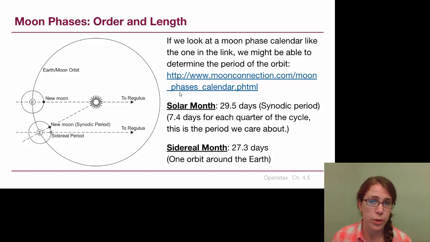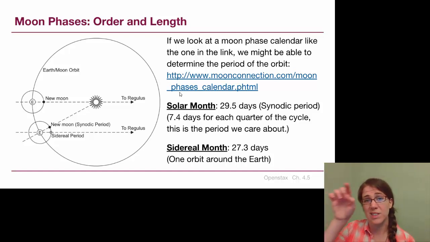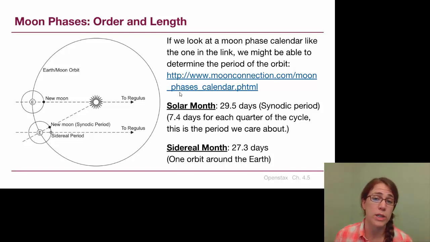It's the same idea with the moon, where if we're talking about how long it takes for the moon to go once in a single circle relative to background stars, that only takes 27 days. But if we're thinking full moon to full moon, which is the kind of time period that makes more sense to us since we care about moon phases, then that's 29 and a half days.